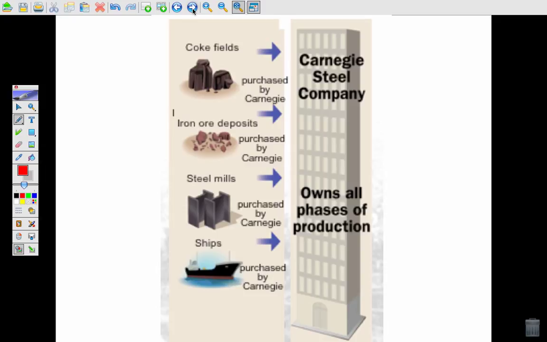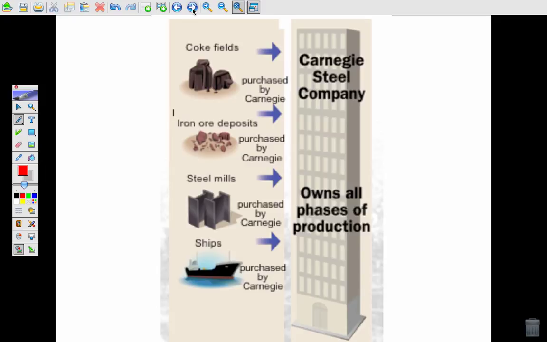So he owns the mine, essentially, where the iron ore is found. The mine itself is the production of the raw material. The iron ore is the raw material that's found. So he owns the mine, then he owns the product that was mined there.